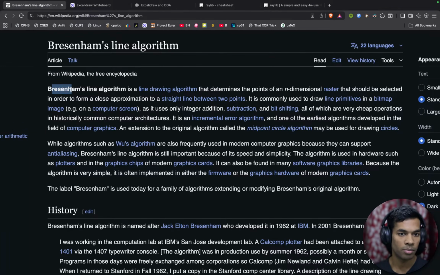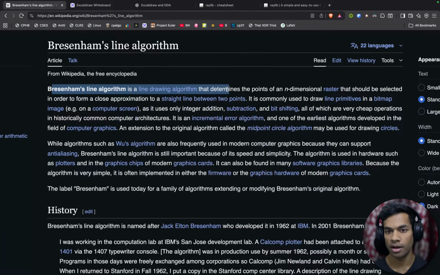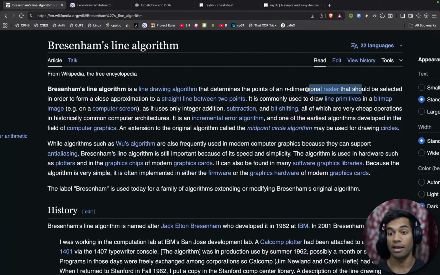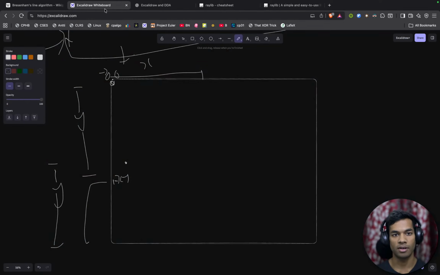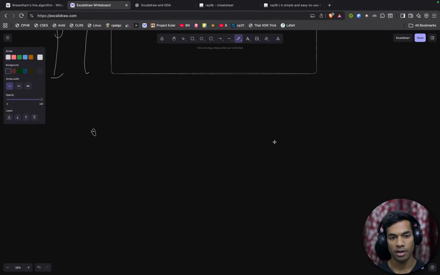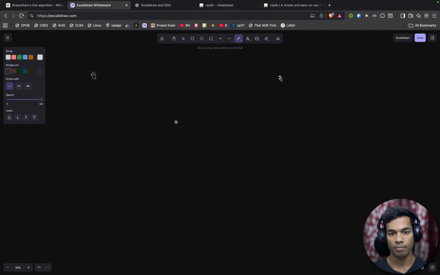Bresenham's line algorithm is a line drawing algorithm that determines the points of an n-dimensional raster. Raster, we just saw what raster means. Raster is when we have a definition of a figure in terms of vectors, right?